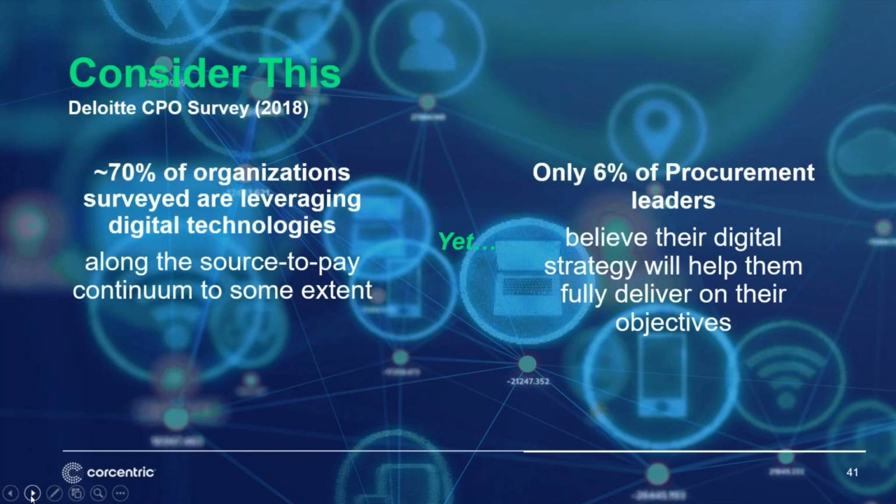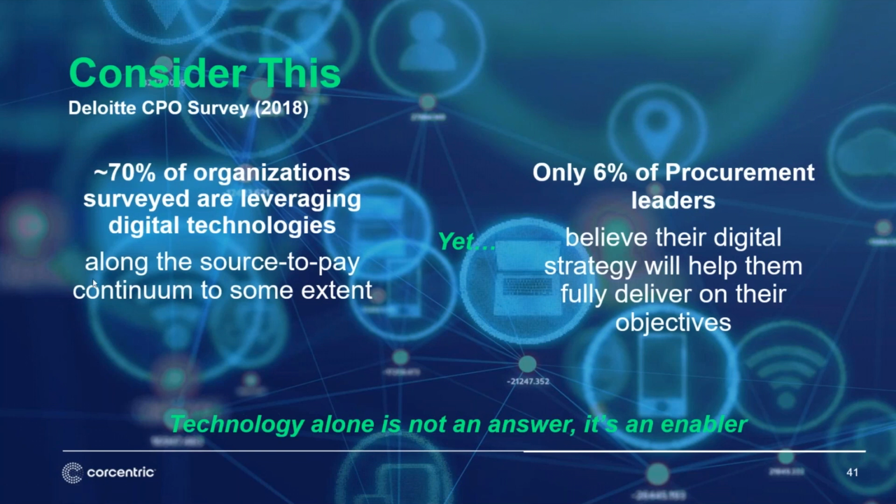What they found was 70% of organizations surveyed were leveraging digital technologies along the source-to-pay continuum to some extent, but only 6% of procurement leaders believe that digital strategy will help them deliver on their objectives. So what that tells us is technology alone is not the answer. It's an enabler, but think about the business outcomes, think about process improvement, think about how people are going to utilize the tool. Those things in aggregate are going to help you achieve your objectives.